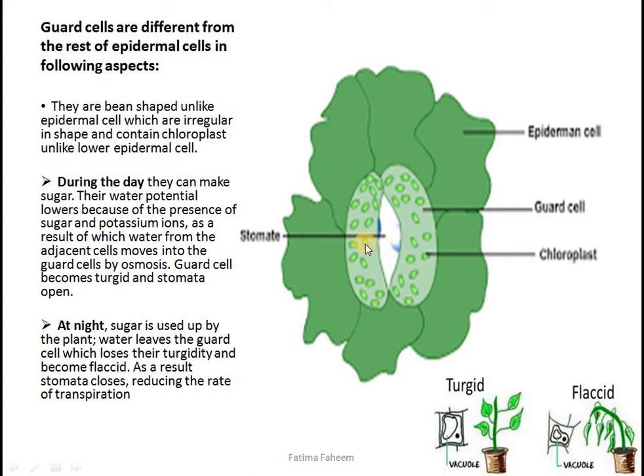And what would be the overall effect on the plant? Here in the diagram you can see that when the plant cells are turgid, the plant would maintain its upright condition. On the other hand, if the plant cells lose water, the plant would become flaccid or will wilt.